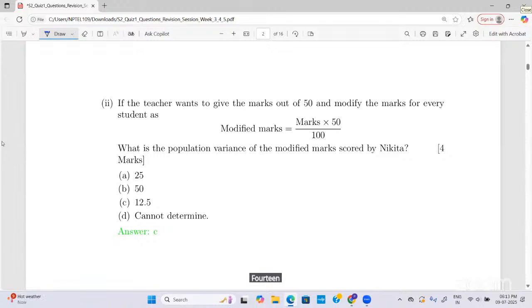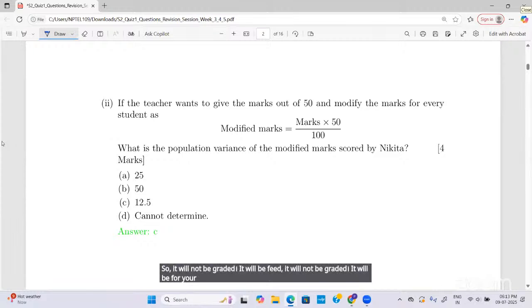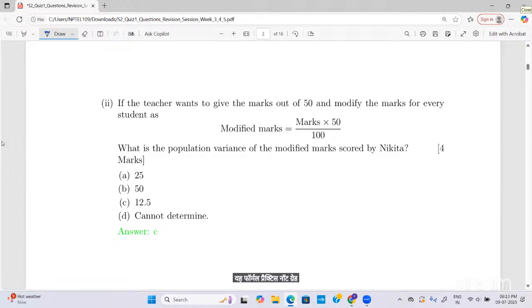For week 4, I don't think there is an EMQ. And there are 3 EMQs, but not graded. It will be for your practice only. And week 5 EMQ is not going to be graded because of some technical issues.